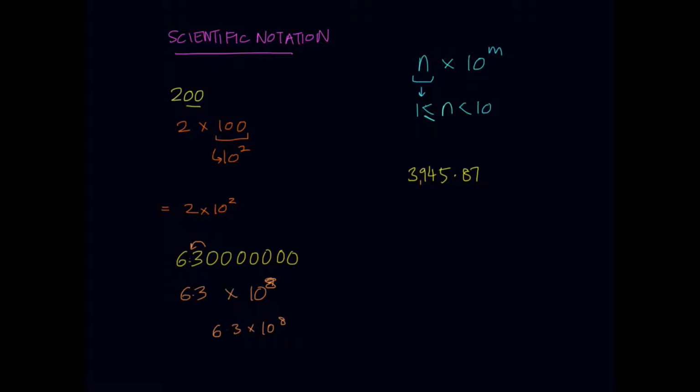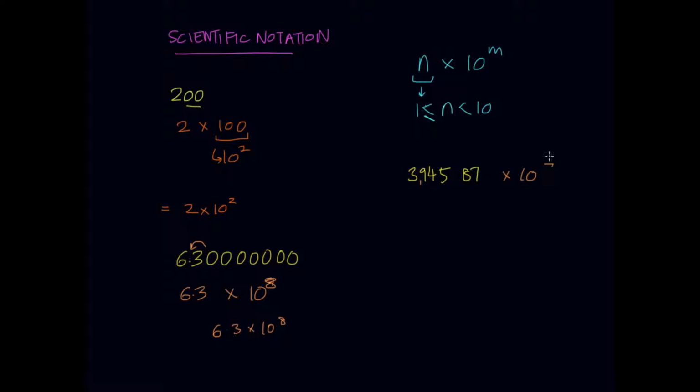So if we make this number 3.94587, then this value of 3.94587 times 10 to what power is going to give us the original number?